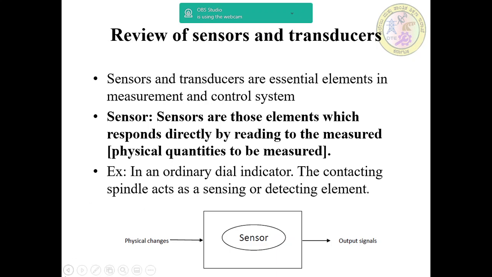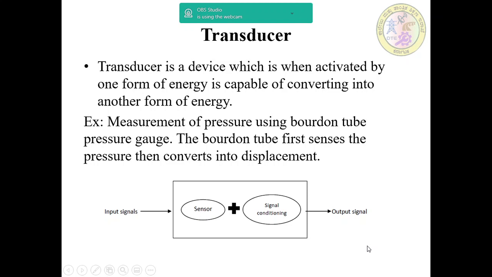The input is the physical quantity to be measured, and the output is the signal, the measured quantity. Next, transducer.